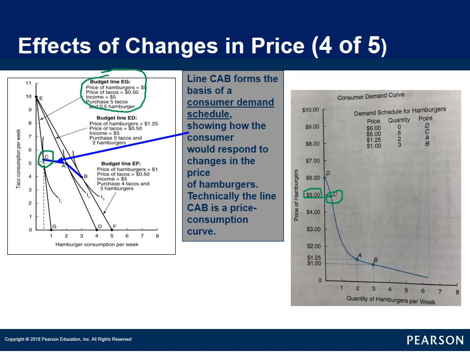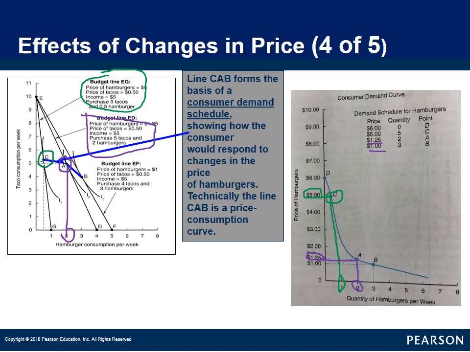Hamburgers are $5. Demand is 1. Okay? Same thing with point A. So point A was when the hamburgers cost $1.25. So when hamburgers cost $1.25, the amount that was demanded was 2, and we can see that point A appears over here as well on the demand curve for hamburgers.